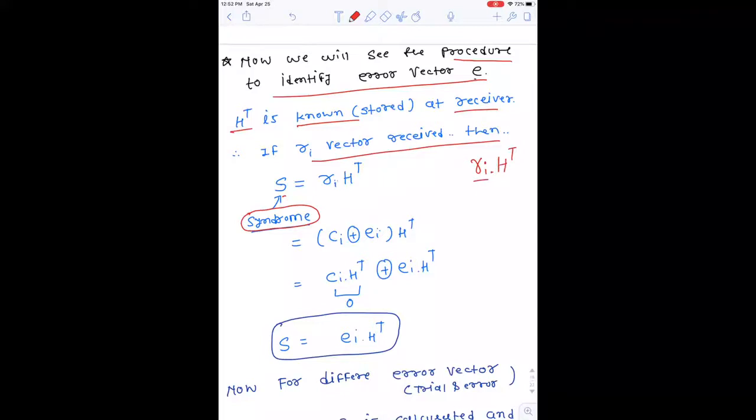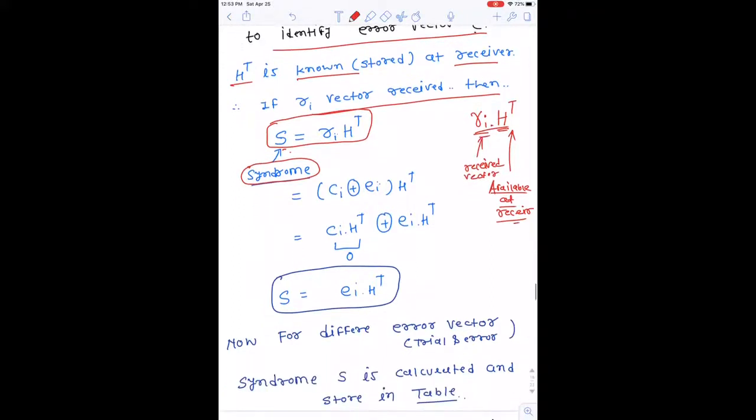Assume any ith receive vector is available at the receiver, or stored in some form at the receiver. We multiply it with the H^T matrix, and whatever we get, we assign as the syndrome S. So syndrome S is simply the receive vector Ri multiplied with the H^T matrix.